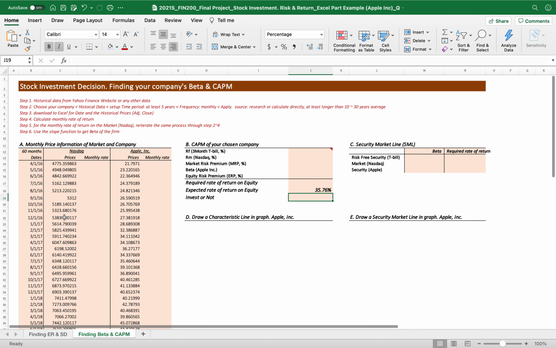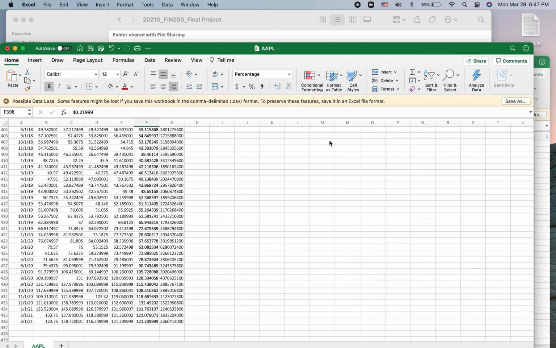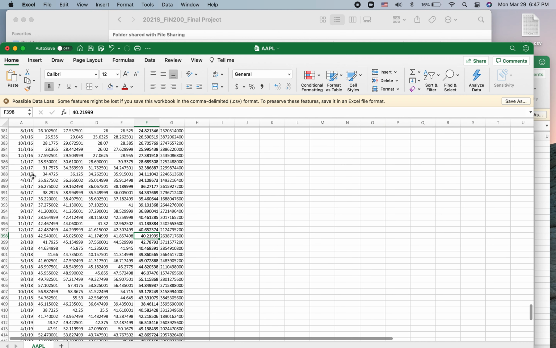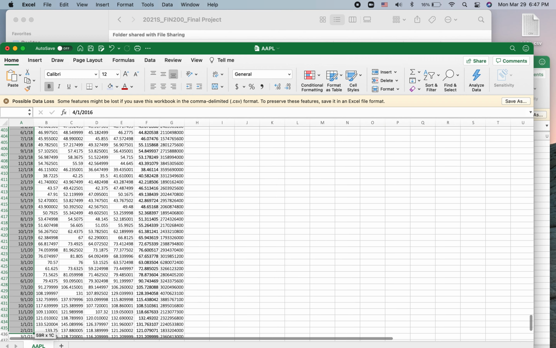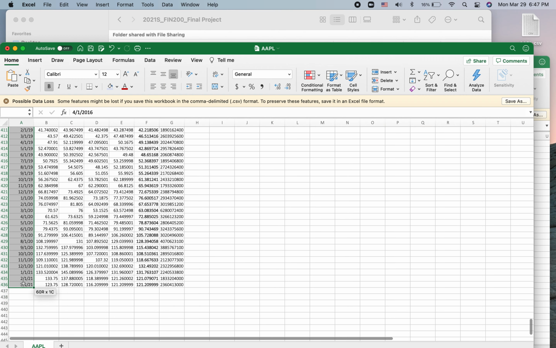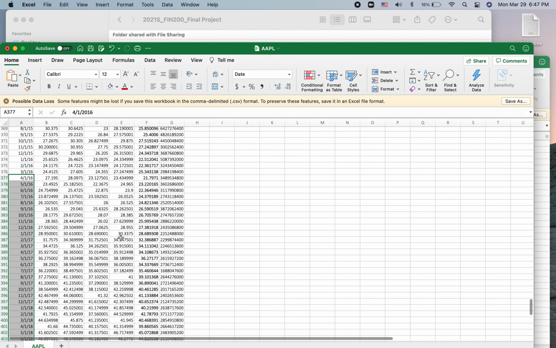That's enough information to calculate the beta, the sensitivity relationship to the market, right? Collecting the stock price is pretty simple, because we just start from April 1st, 2016, and collect only the monthly numbers.